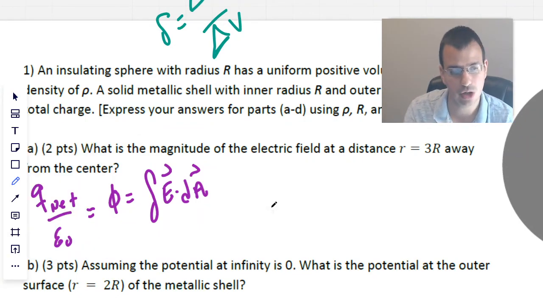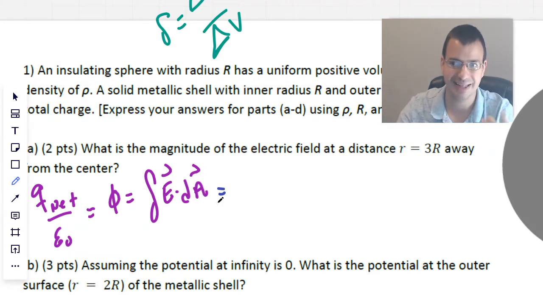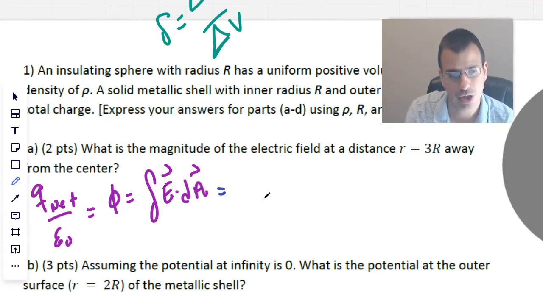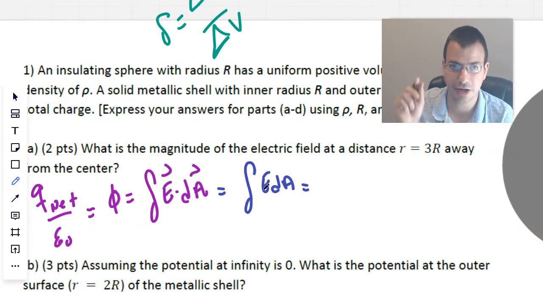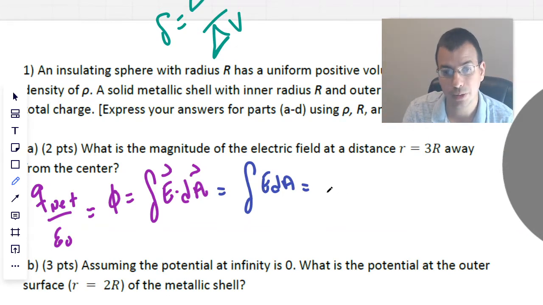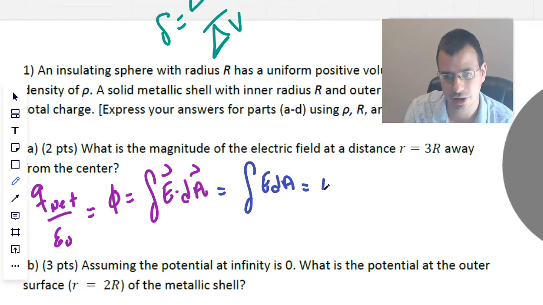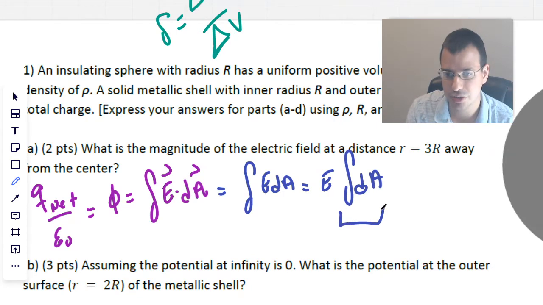And so we can rearrange this a little bit. Dot product of two vectors will give you a scalar. And so we can rewrite this as integral E dA, which, since the electric field radiates out radially, will be the same at every point on the surface of our imaginary sphere that we have here. So we can write this as E dA, where this right here is the area of the sphere.